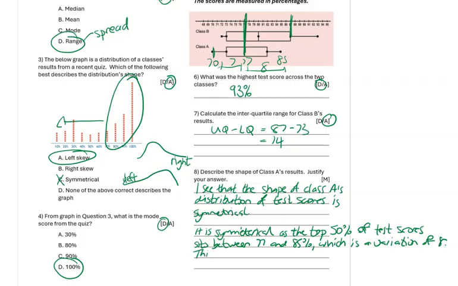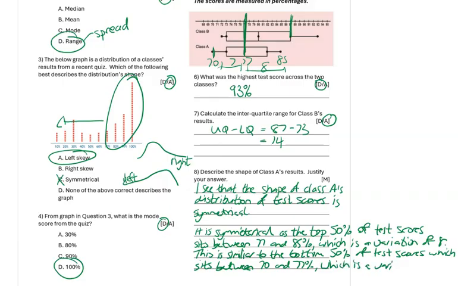This is similar to the bottom 50% of test scores, which sits between 70 and 77%, which is a variation of 7.